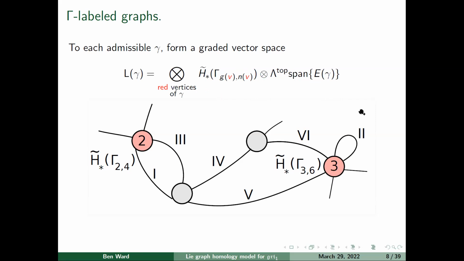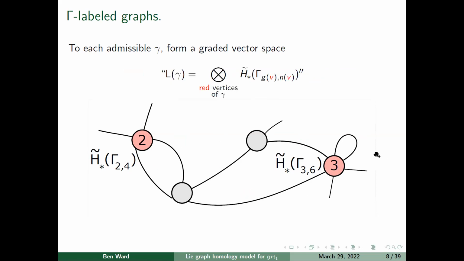So this has the effect both of shifting the degree of everything up by the number of edges and giving the edges an order. But if I permute, then I just get the sign of the permutation. Okay, I'll just suppress those technical details and you can think it's just the tensor over the red vertices of these reduced homology groups.